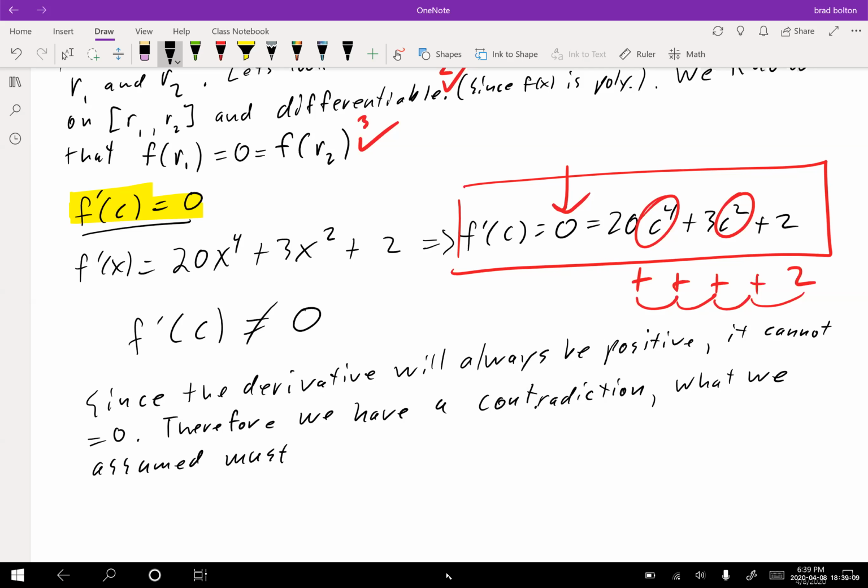Because we're finding a contradiction with Rolle's theorem, what we assumed must be incorrect.